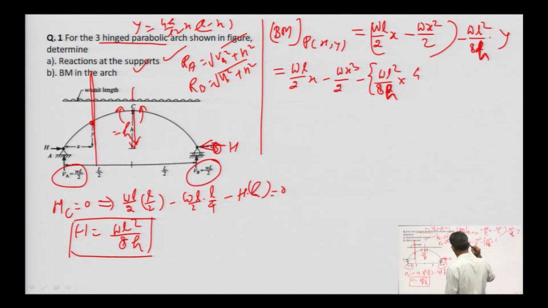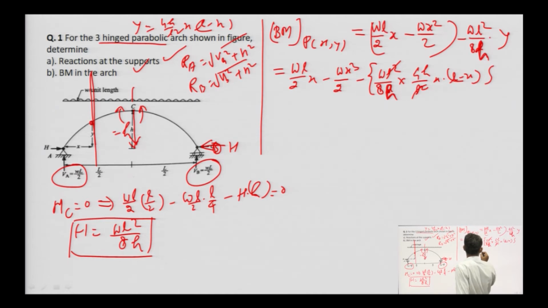WL square into y, where y is 4h by L square, x into (L minus x). That is the value of y. So, L square and L square are going to cancel.